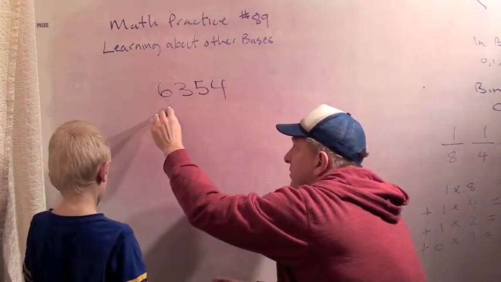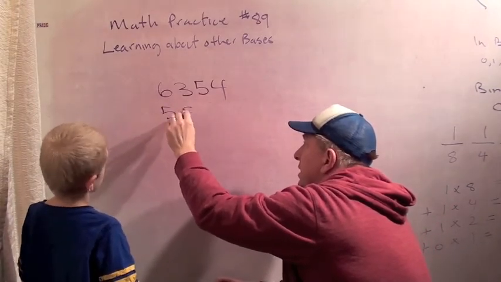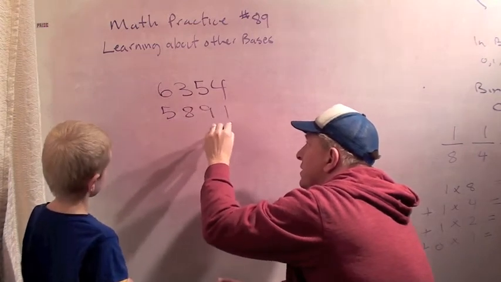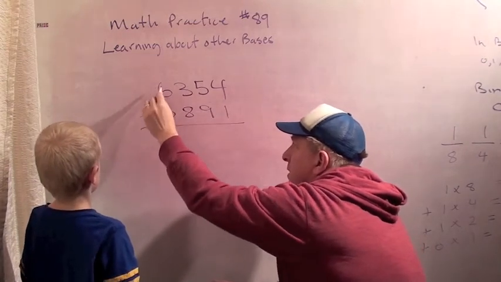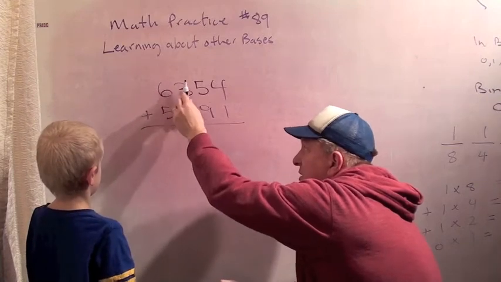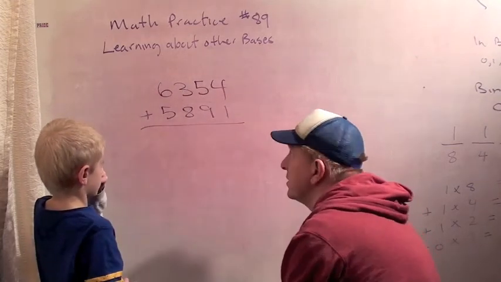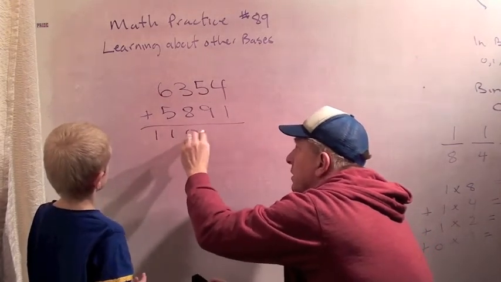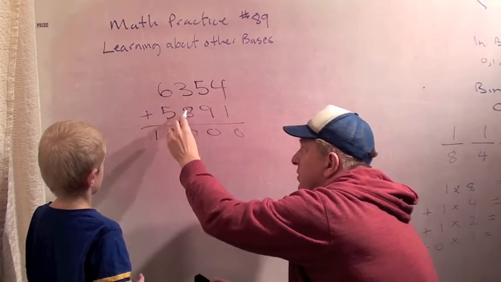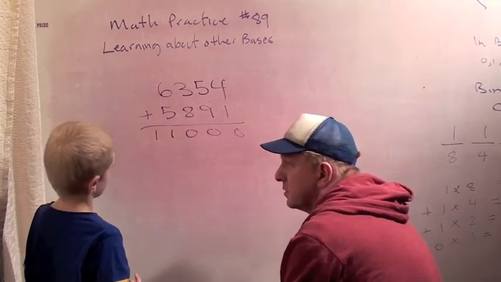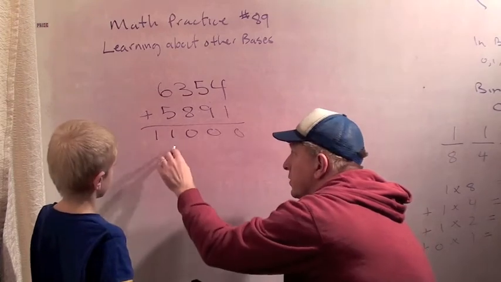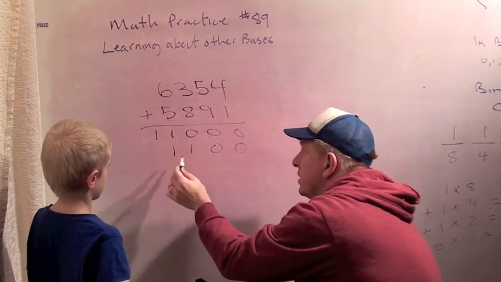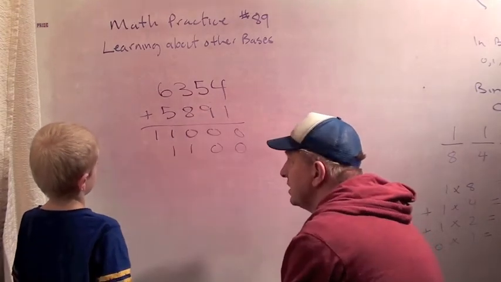So if I add, say, 5,891 to this, we can just add the thousands, add the hundreds, add the tens, and add the ones, and we can say this is 11,000 plus, what's 300 plus 800? That's 1,100. What's 50 plus 90?